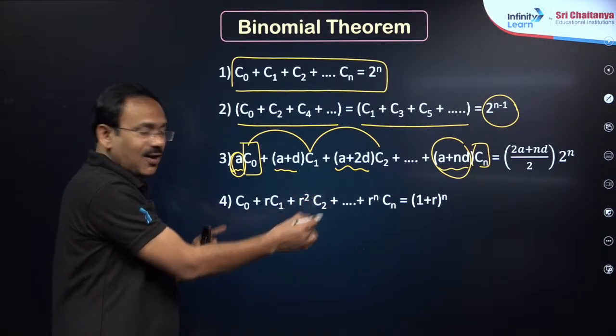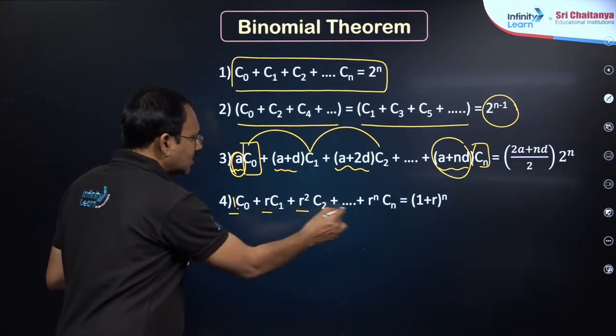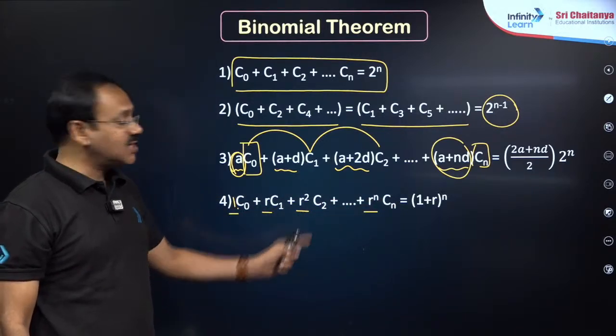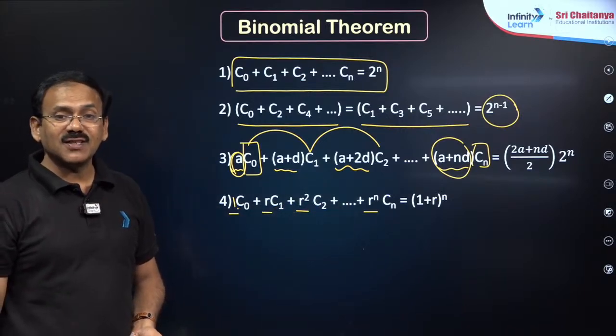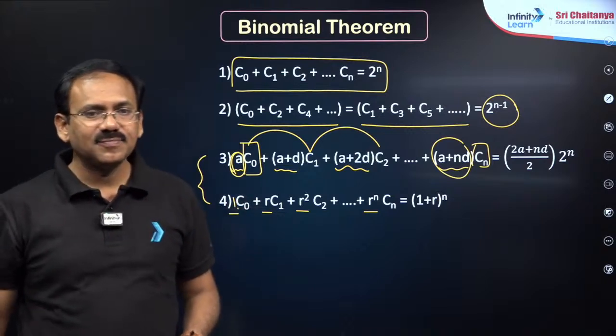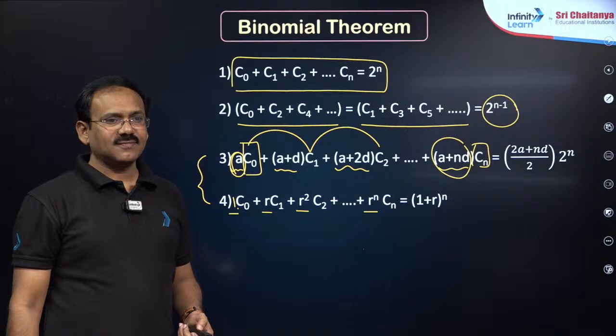C0 to Cn all are there, but the numbers multiplied are 1, r, r square, up to r power n. Simply in place of r you take it as x. This is 1 plus x whole power n. Very simple when they are multiplied with the numbers of a GP. Got it, dear students? These two. Got it, everyone? Clear?